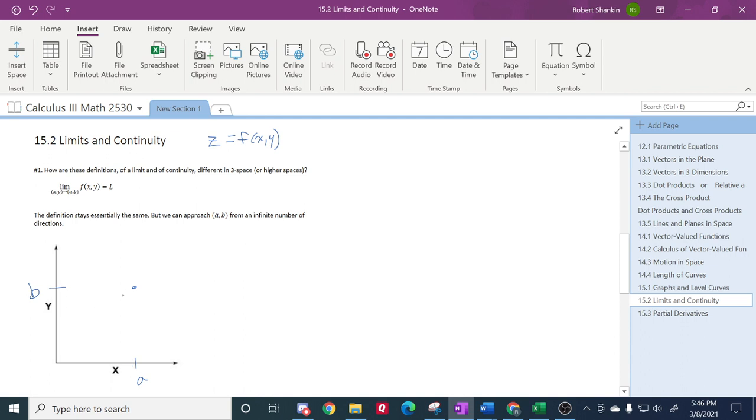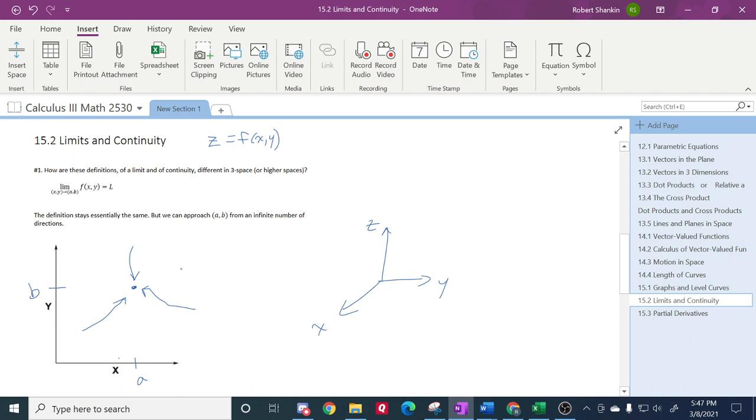But if I'm approaching the point (a,b) in the xy plane, I'm extracting out the x and the y and putting it in familiar form, because here's the domain. We can approach (a,b) in the domain from this direction, from this direction, from this direction.